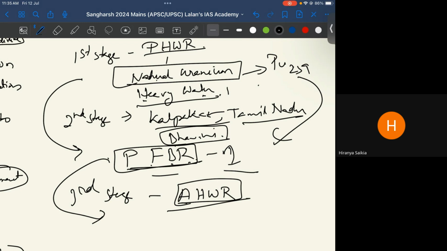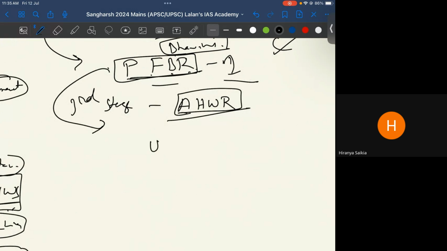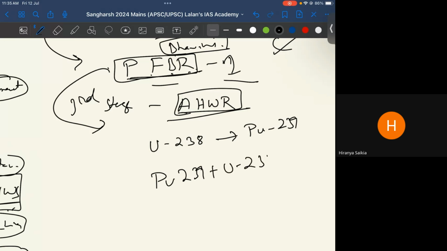The pressurized heavy water reactor, in the first stage, uses natural uranium-238 as fissile material, and it produces plutonium-239. In the second stage, plutonium-239 plus uranium-238 will be mixed and then used in the reactor, and this will produce further 239.